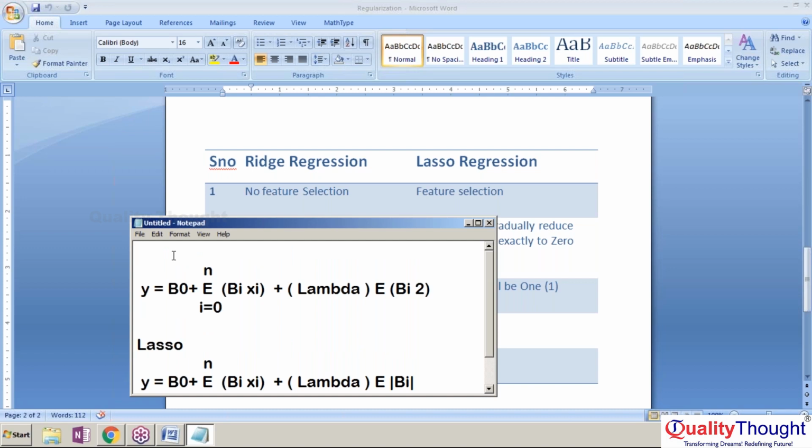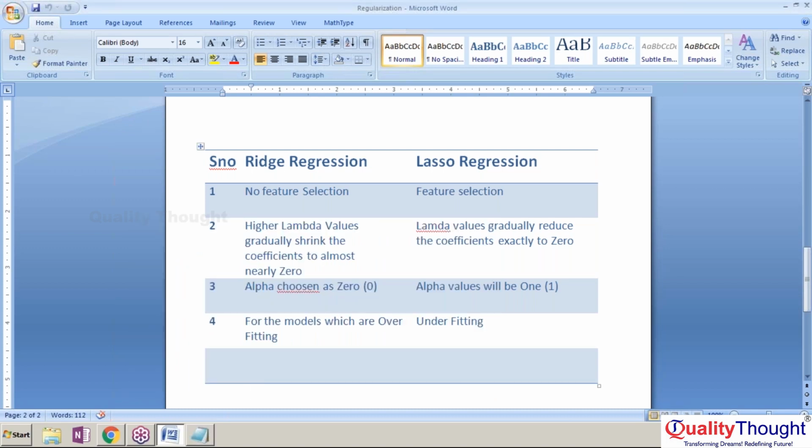So what are the main advantages of using ridge regression and lasso regression? Guys, can you please tell me one thing? Why are we getting this kind of disturbances when we are working with regression models? I told you that there will be disturbances when we are working with the data. Why are we getting those disturbances?